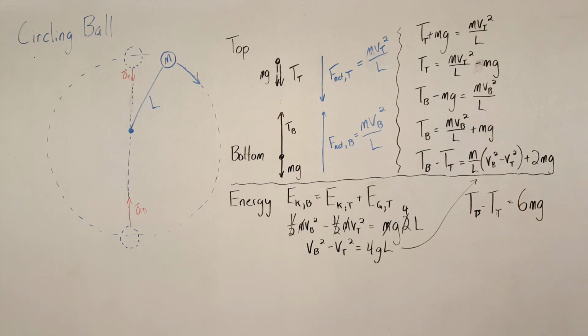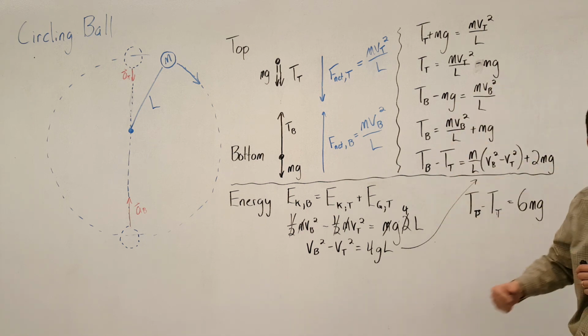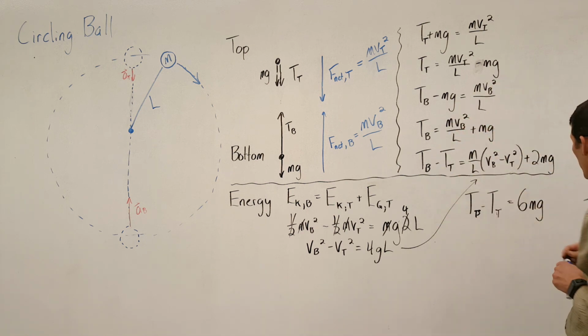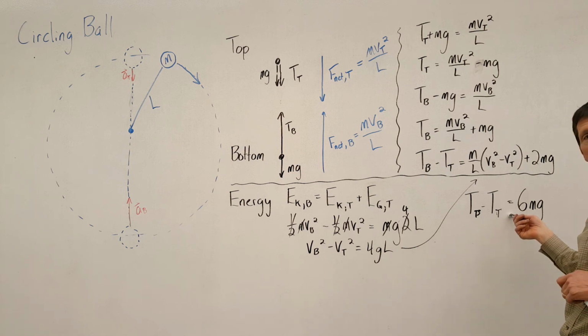And in some ways this is a surprising result, because it tells me that in this kind of situation where an object is moving in a vertical circle on a string, there are a couple of things that don't influence the difference in tension.